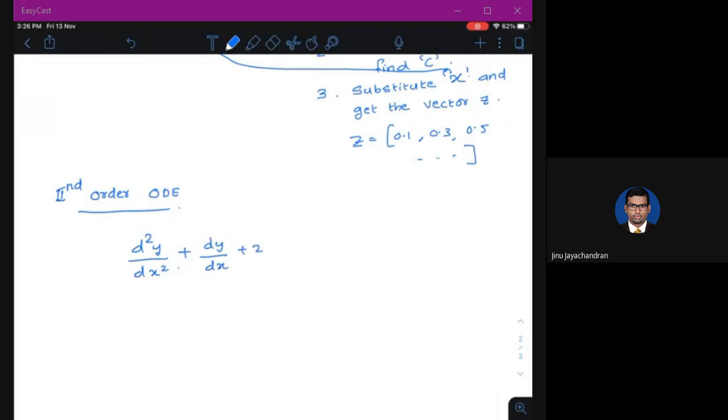So let's say this is 2y is equal to something; if the next part on the RHS is 0, then it is a homogeneous equation. If it is non-zero, it is a non-homogeneous equation.